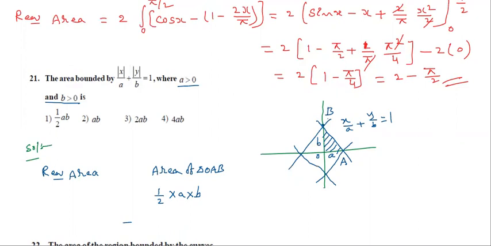Observe carefully. A greater than 0 and B greater than 0 means only in the first quadrant we need. So that is the area of triangle OAB. Answer is half AB. First option is correct.